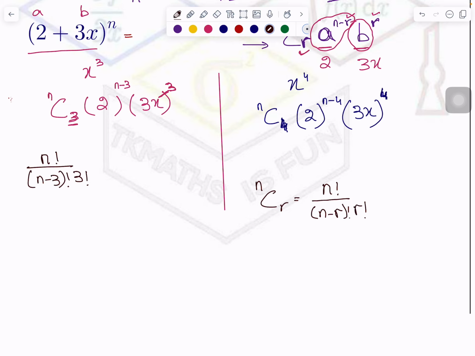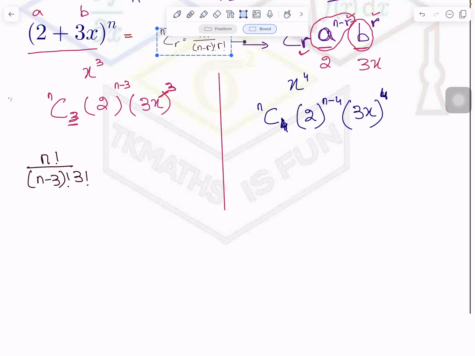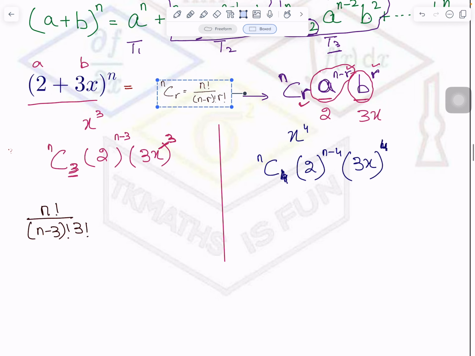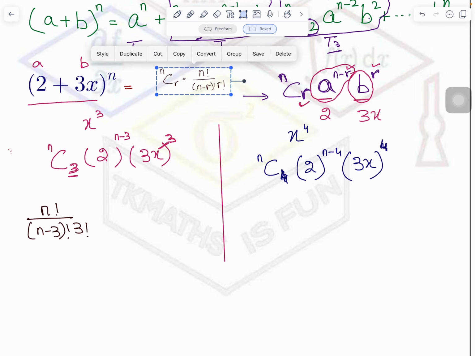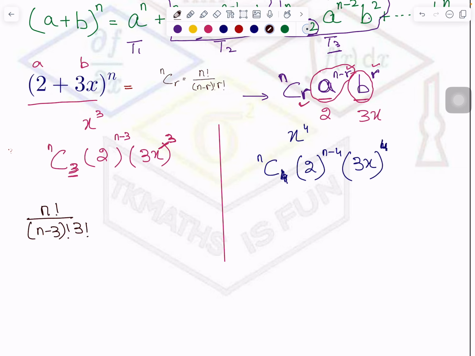You should know this, right? I'm just putting it here in case you need to refer to it again. Now I am simplifying nC3 times 2^(n−3) times 3³, and 3 cubed is 27. Remember, it is a non-calculator paper, right?